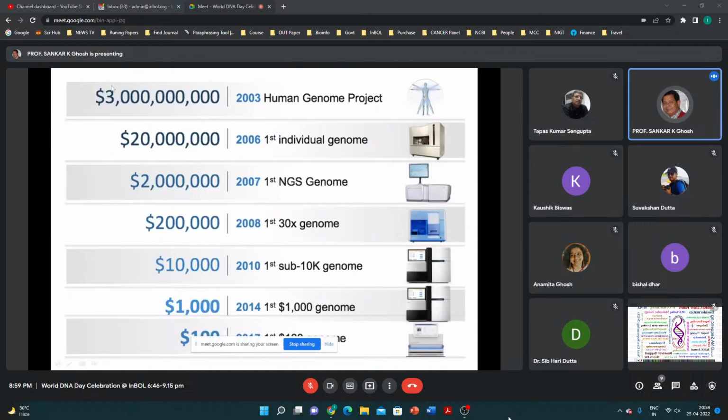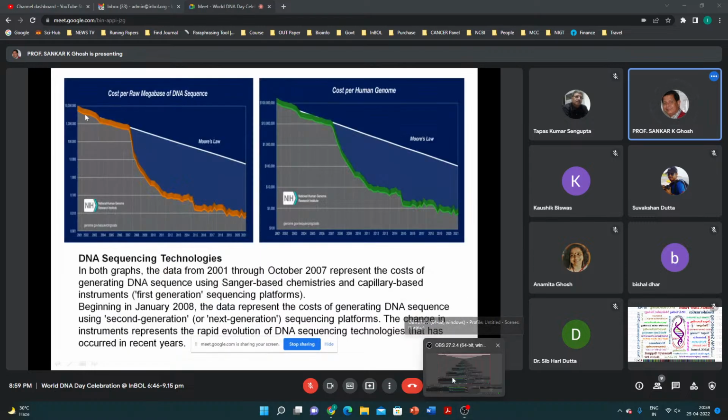So you see, right now we can do a $1,000 genome, that is the 1,000 genome project. Now it might be possible with Hi-Fi Genomics within $200. We can do whole genome sequences within $200 with Hi-Fi Genomics technology, and the cost is coming very low.